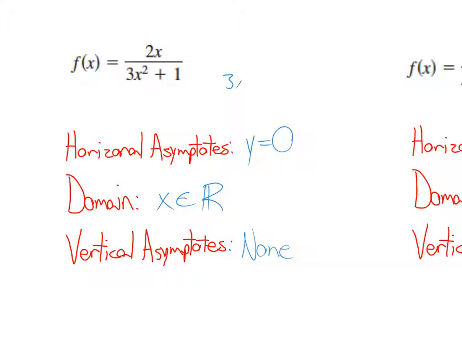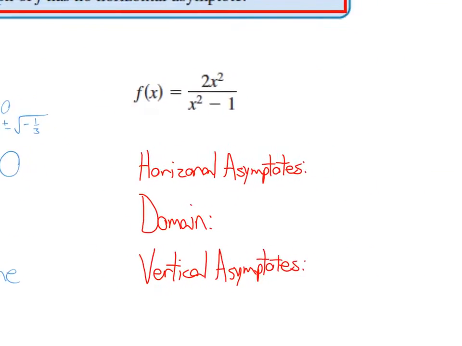If you're not sure, set that equal to 0, solve it, plus or minus the square root of negative 1/3, and then you see that's a complex number, so it's not going to affect our graph.